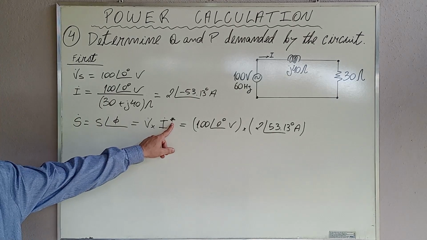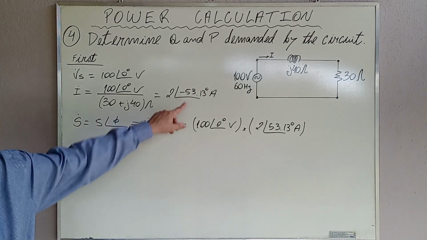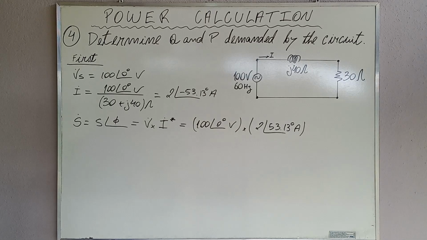Observe that this is the complex conjugate, so we invert the sign of the angle of the current phasor.